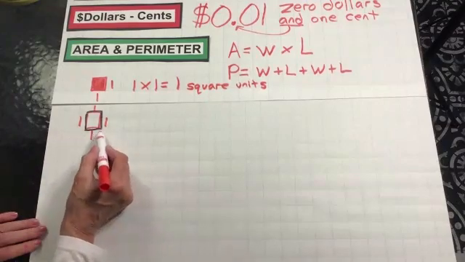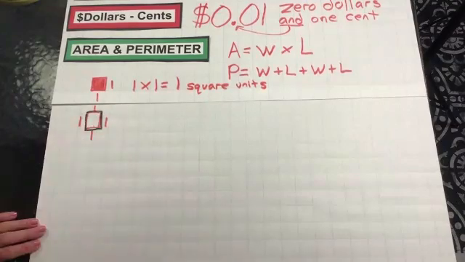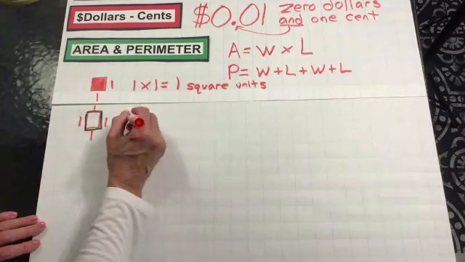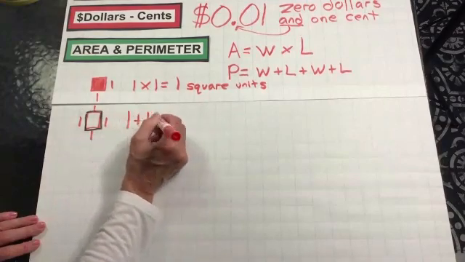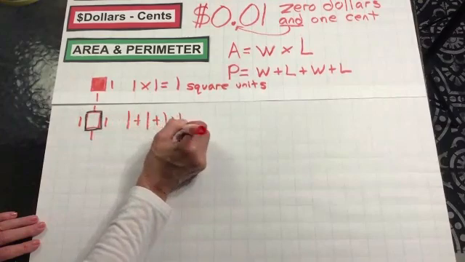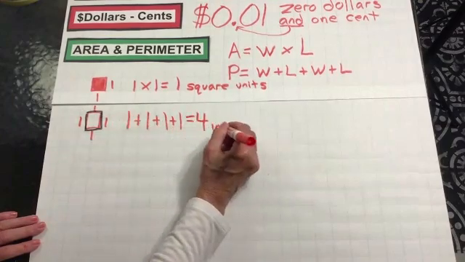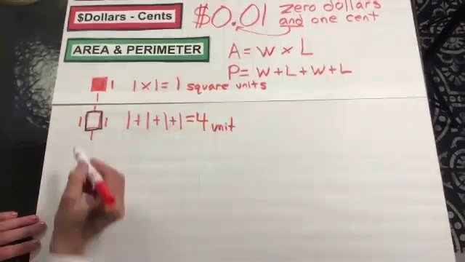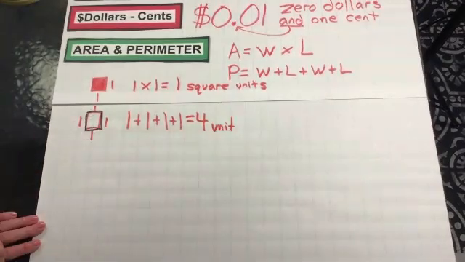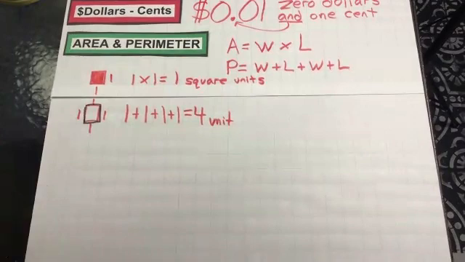So this line kind of turns at 90-degree angles on this square. So it would be 1 plus 1 plus 1 plus 1, which equals 4 units. Not square units, because we're not counting the inside. We're just counting the linear units, the outside. All right, looking good. Let's go on to the next thing, which is volume.